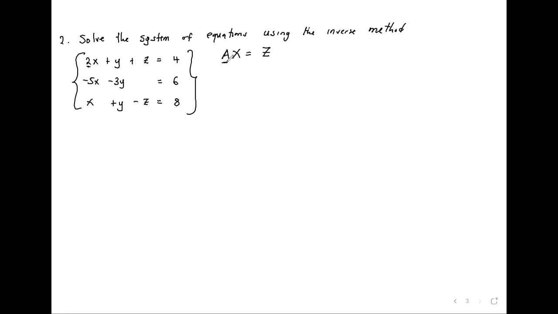So here you get 2, then -5, then 1 to form the first column. Second column, the coefficient of y: 1, -3, 1. And then 1. If there's no z, it means this coefficient is 0. And then -1. This multiplied by x, y, z.